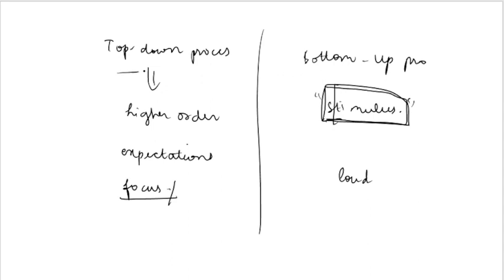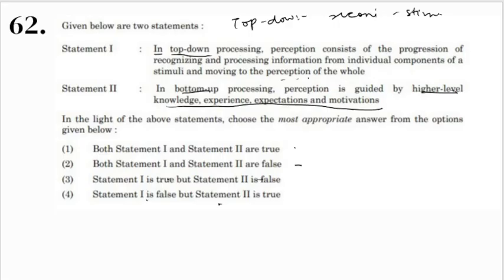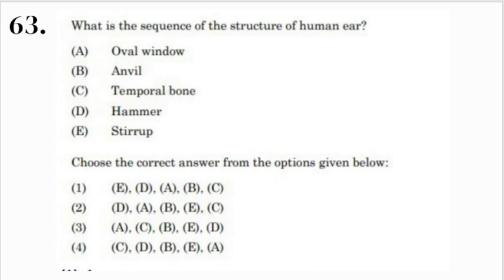So both of the statements which were given were opposite and they were incorrect. So here 2 is the correct option. Now moving ahead to question number 63, it asks about the sequence of the structure of the human ear.